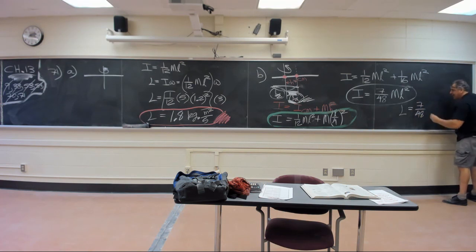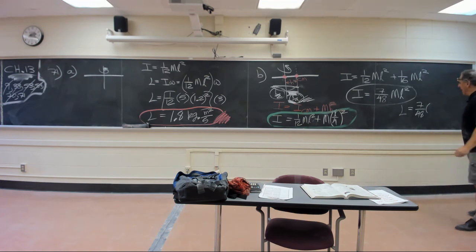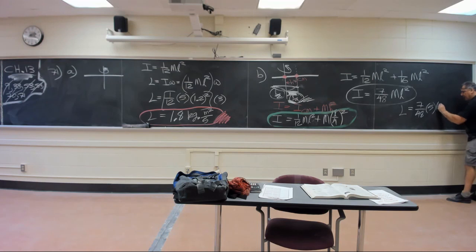You don't have to do it this way, but the mass was 5. The length was 1.2 squared. And omega was 3.